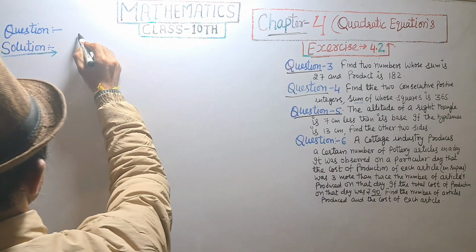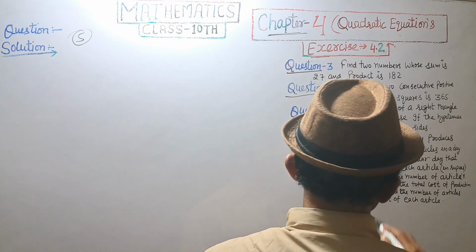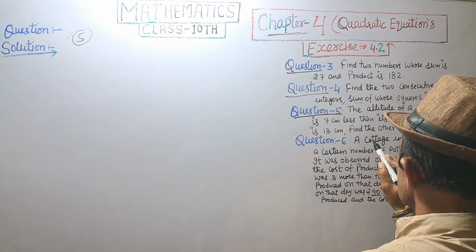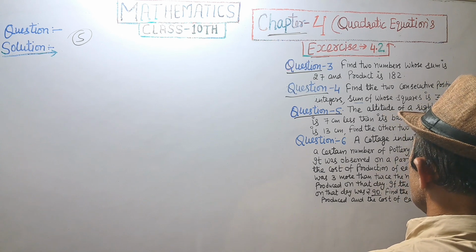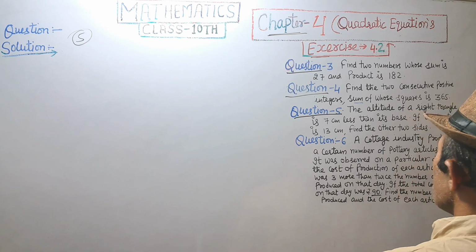Question number 5. The altitude of a right triangle is 7 less than its base. If the hypotenuse is 13 centimeters, find the other two sides.